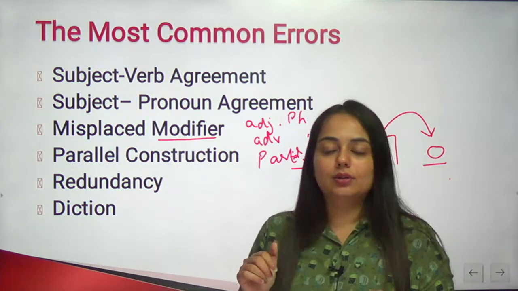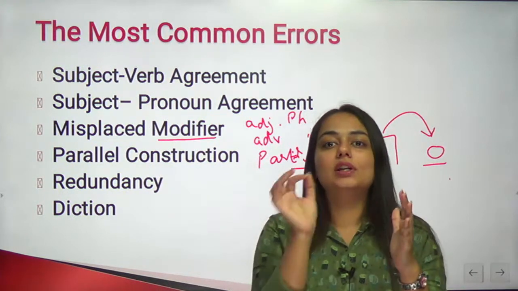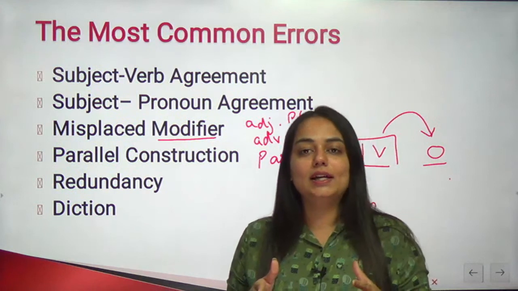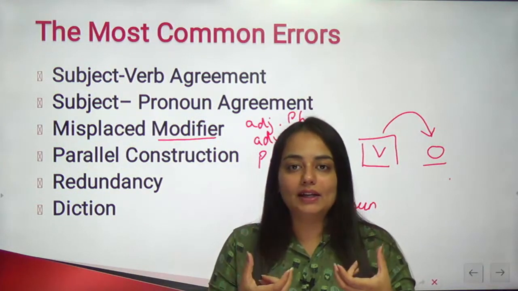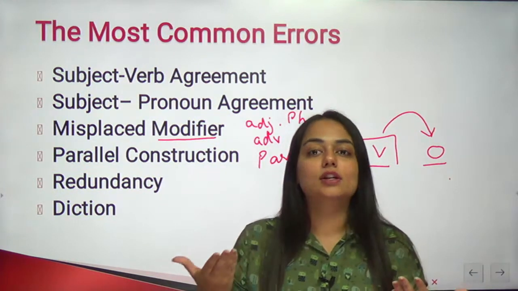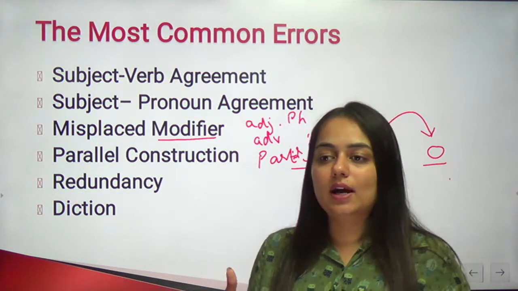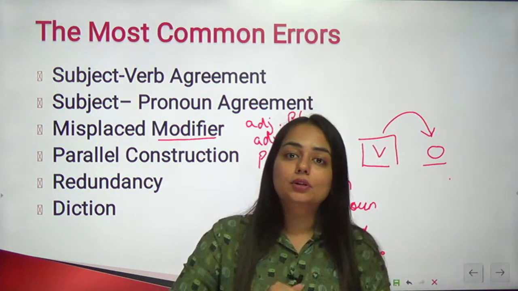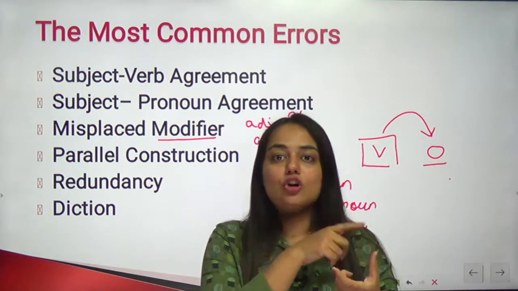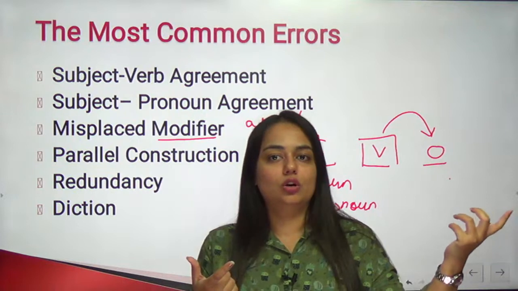Parallel construction. Just as parallel lines never intersect each other and have equal distance between them, they maintain consistency. Similarly, in a sentence, different grammatical parts maintain parallel construction, or consistency. For example, if I am saying I like swimming, dancing and to jump, if I am using swimming, dancing, separated with commas, how can I suddenly say to jump?